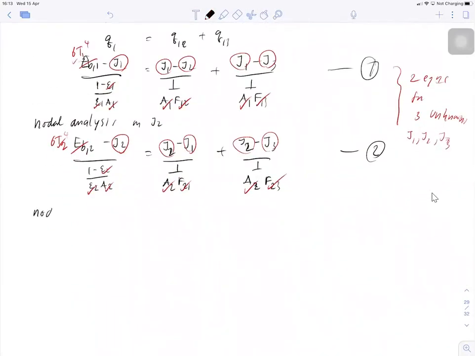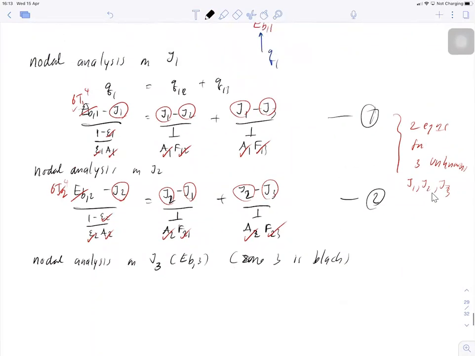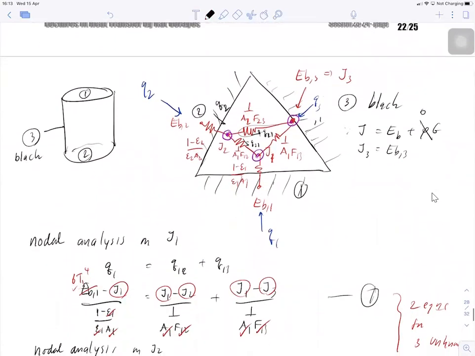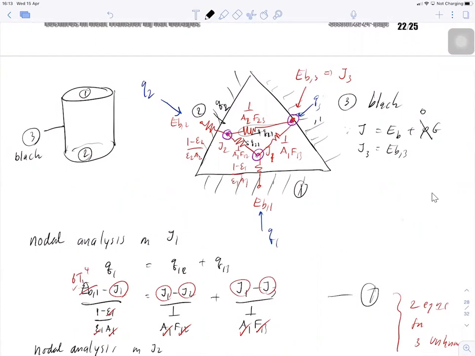Nodal analysis on J3. It is the same point J3 and EB3, because surface 3 is black, right? Take a look at the top, see? This is black, and you're talking about this point. So what do you have?